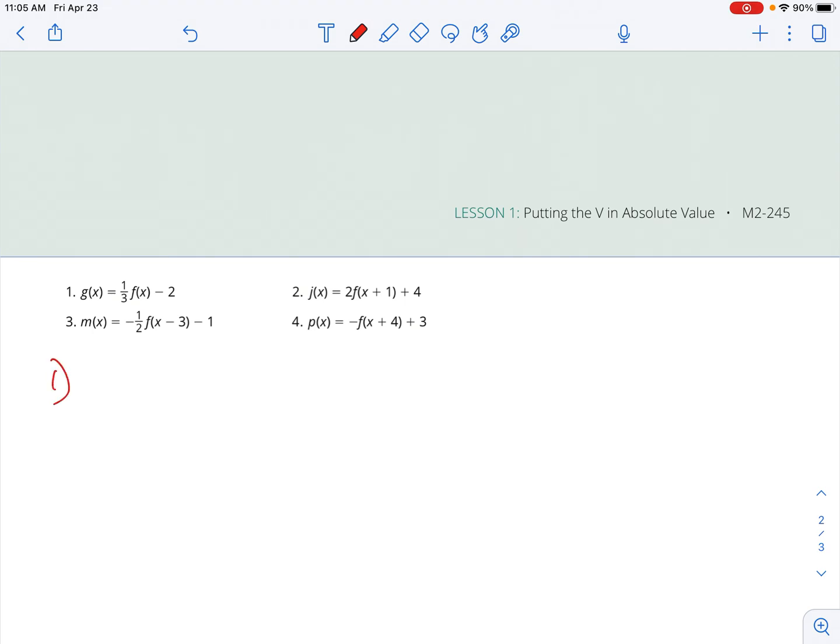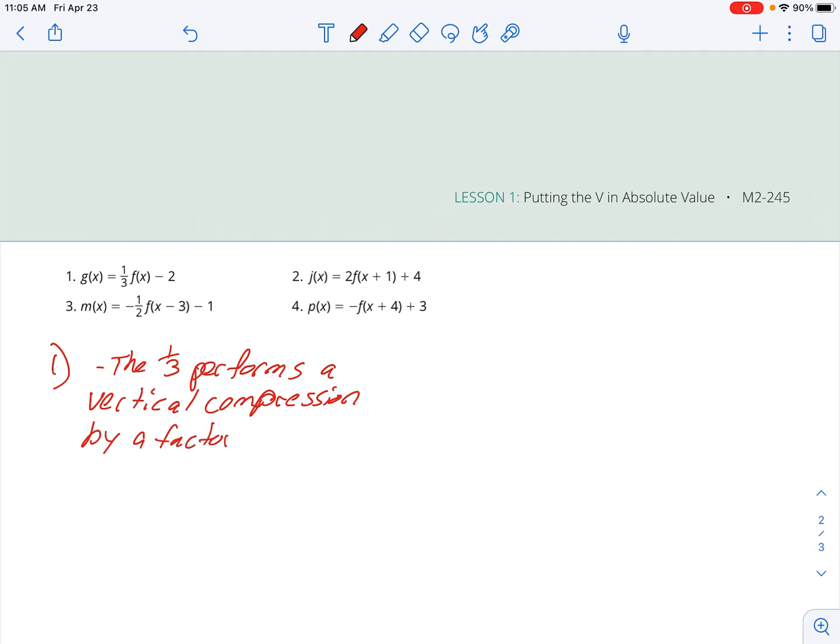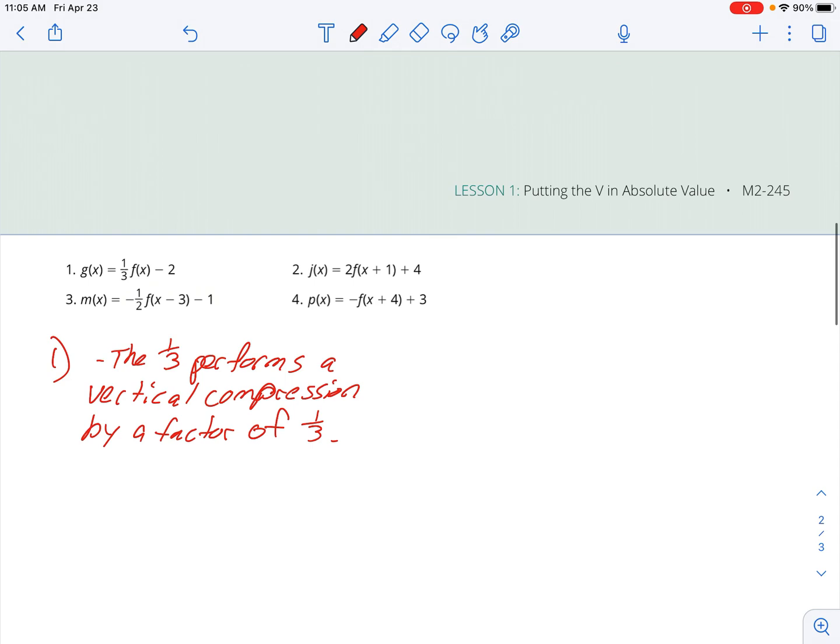All right, so number 1, as I read this left to right, first off, because of the 1/3, let's say that the 1/3 performs a vertical compression by a factor of 1/3. So it's going to be getting flatter.